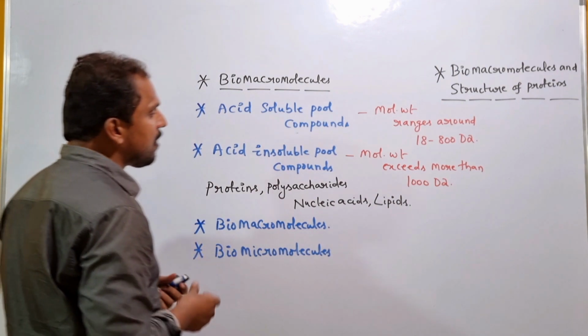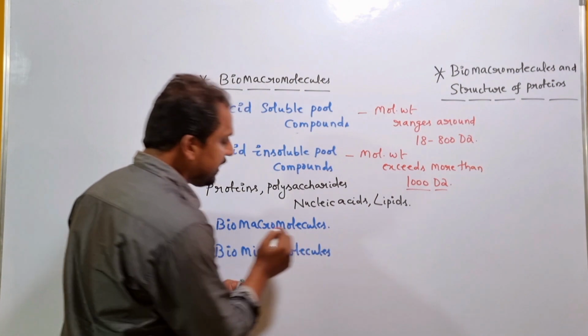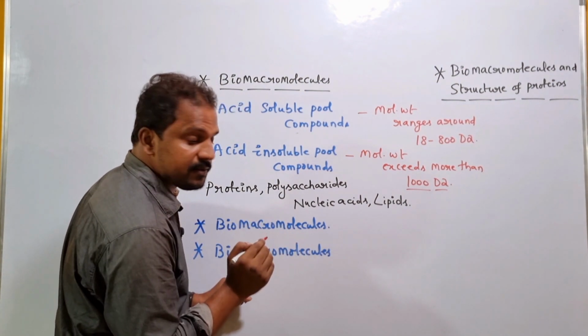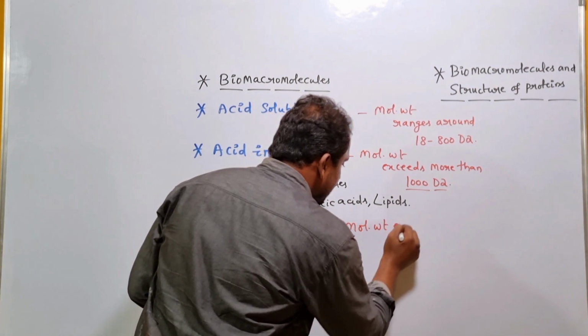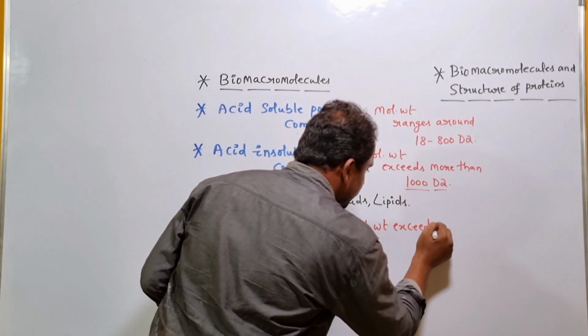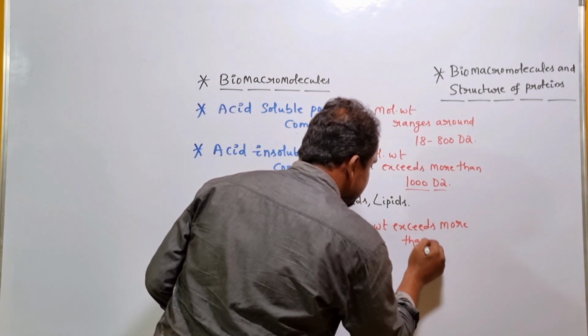The specific compounds whose molecular weight exceeds more than 1000 Daltons are termed as biomacromolecules. Molecular weight exceeds more than 1000 Daltons.